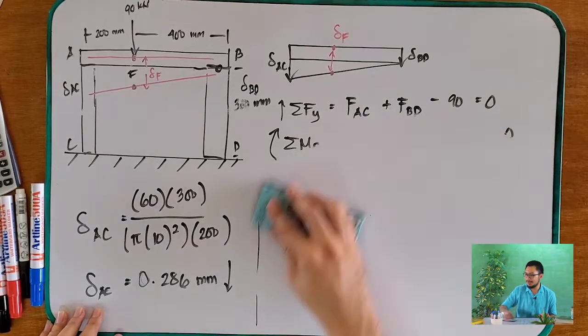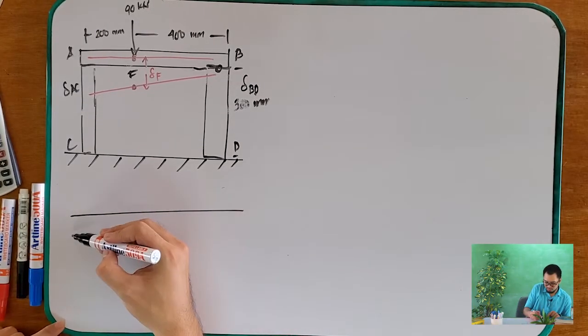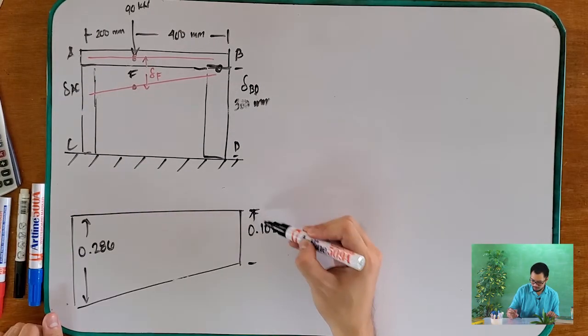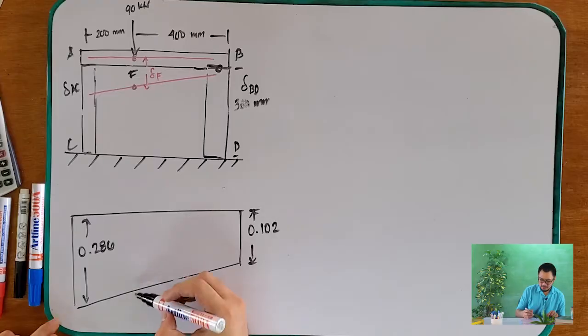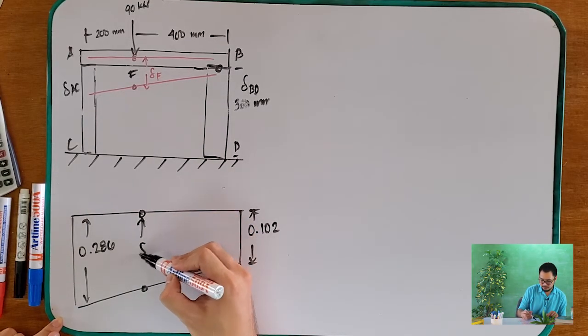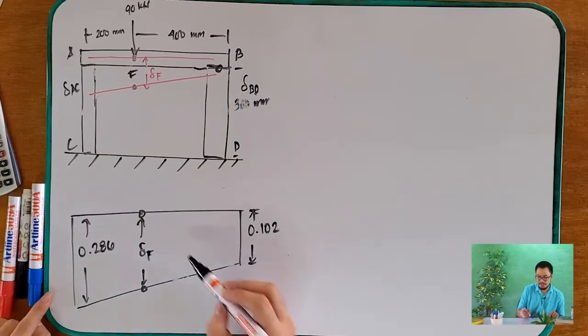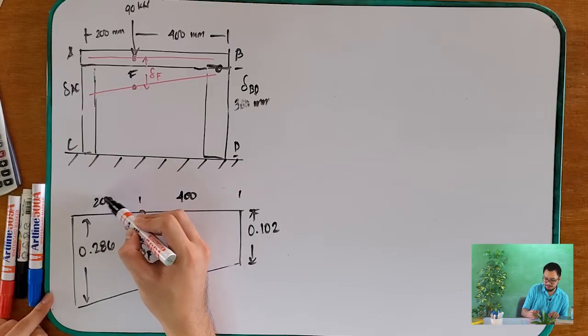Now, apply the trigonometry. Let me enlarge the triangle. This is the length we are looking for. And we know that this one is 400, this one is 200.